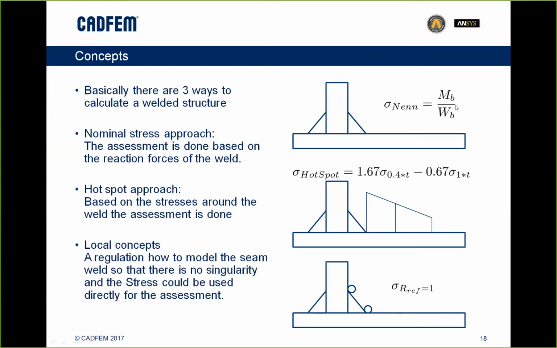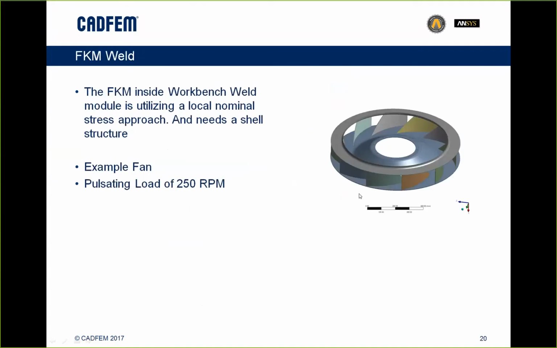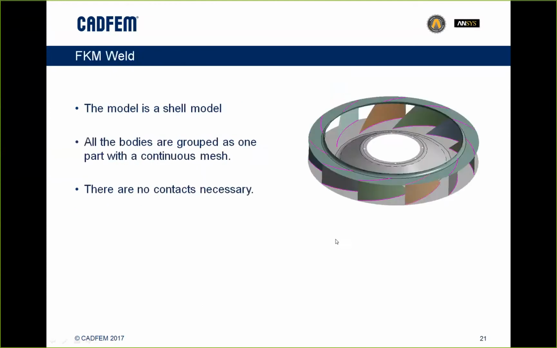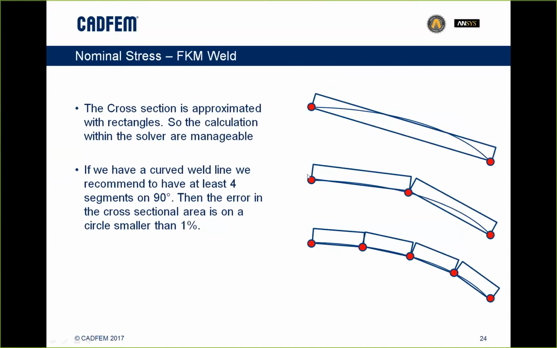weld assessment. And the first one is the nominal stress approach, where we just say, okay, we go for the forces, not for the stresses, and then we calculate from the surfaces of our weld area how much the stress should be with this cross section and with this force.